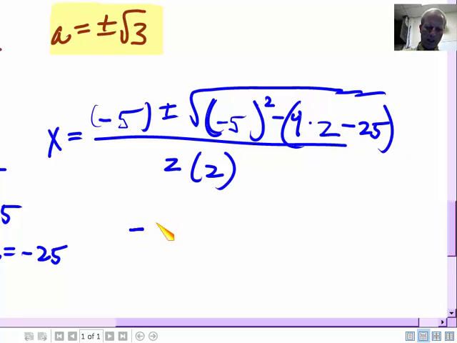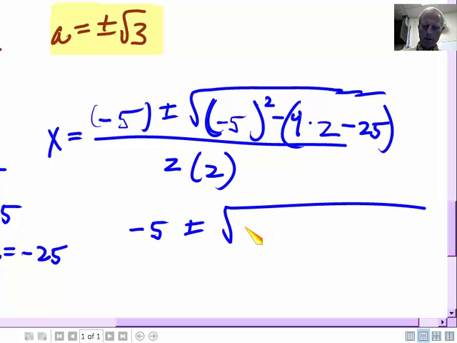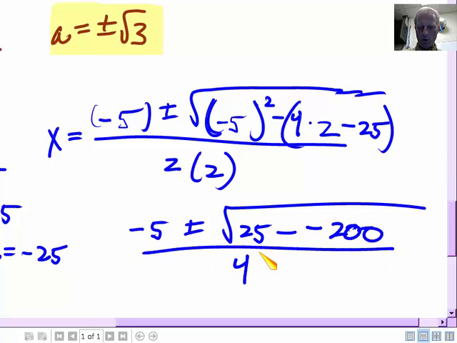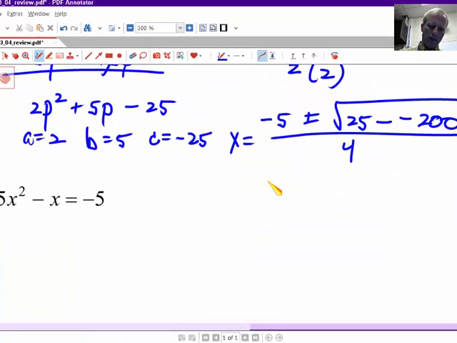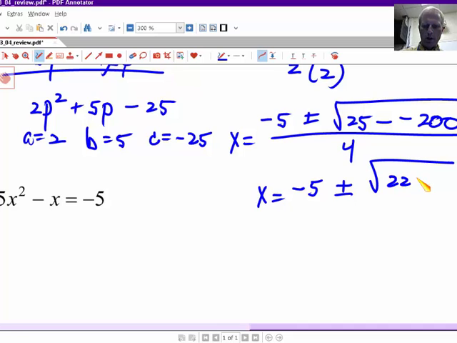It gives me -5 plus or minus square root of 25 minus -200 all over 4. And that 25 minus -200 is 25 plus 200. So I'm going to get -5 plus or minus square root of 225 over 4.